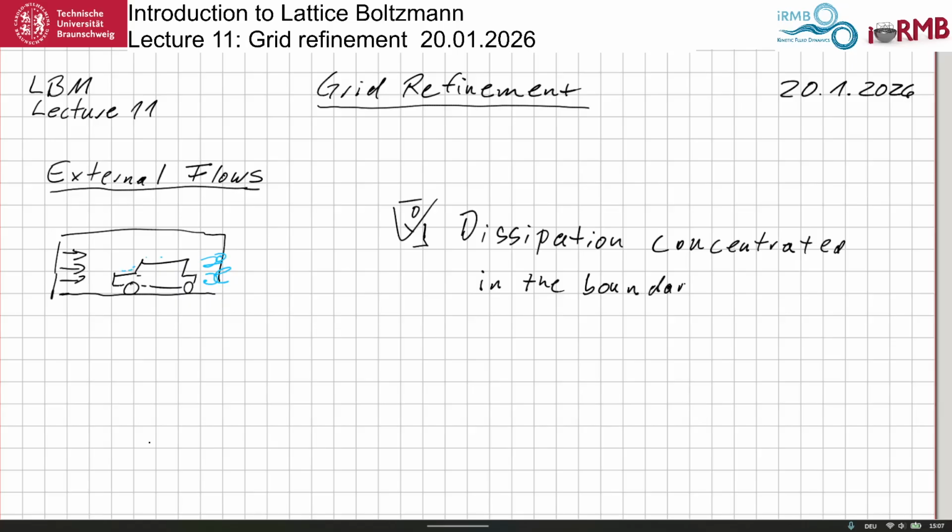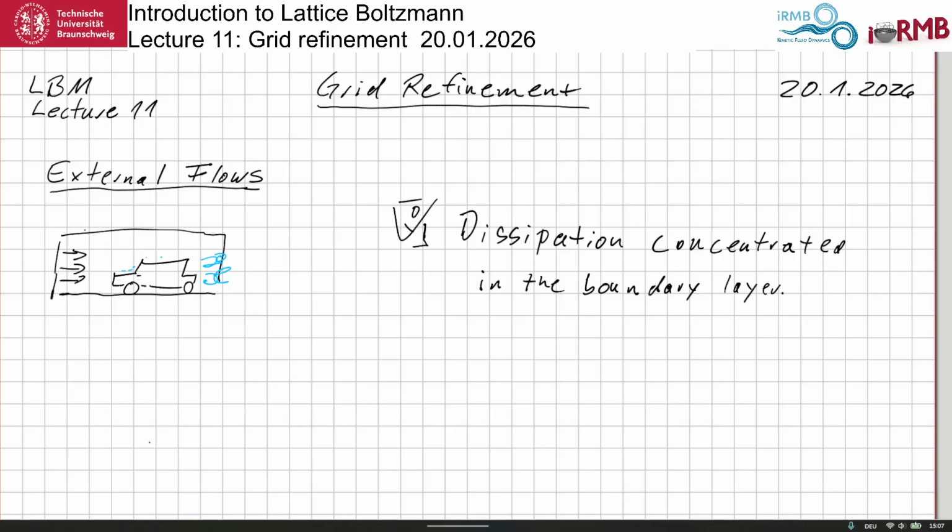Boundary layer is very thin. So we are not studying fluid dynamics in principle here, but you may know that the boundary layer scales with the square root of the Reynolds number. And the Reynolds number is very large, usually in these kinds of applications. So what does this mean for your simulation?